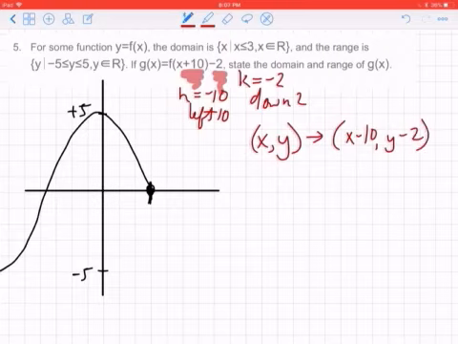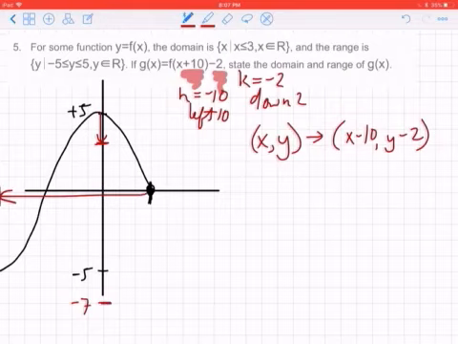So we can take this 5, move it down 2 to being here, this -5 going down here to -7, and then the x, we're going to have to go to -10. So we're actually going to have to move this thing way over here to start at -7, right? So that's going to be way over there. So the same shape is going to happen though, right?